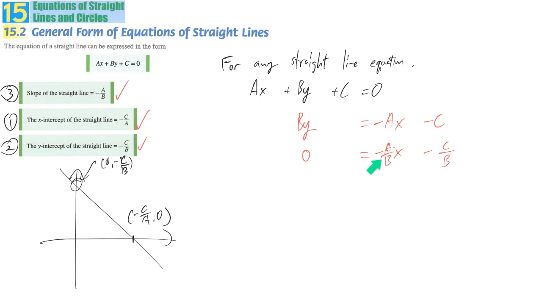We get the slope negative a over b, which is the same. We get the y-intercept negative c over b, which is the same also. In the following videos, my personal habit is that I get used to changing it to slope-intercept form every time if I want to get the slope and y-intercept.